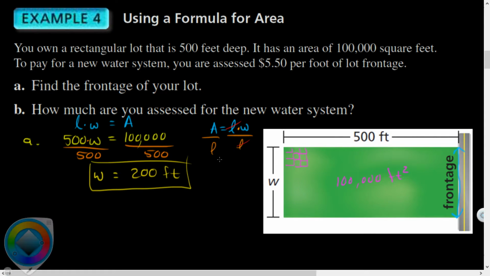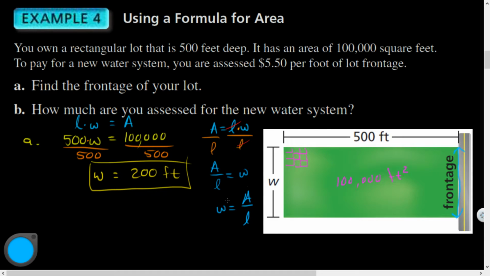And so you'd have A over the length is equal to W, or W equals A over the length. So they were just showing that you could have made a W formula when you happen to know the area of a rectangle. And then if I plugged in 100,000 and 500, I still would have gotten the same number there. So it's a little bit different.